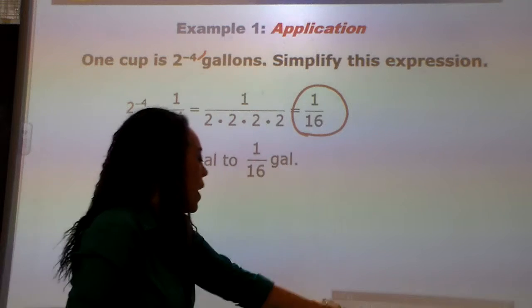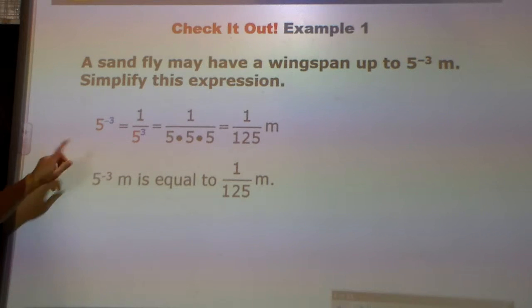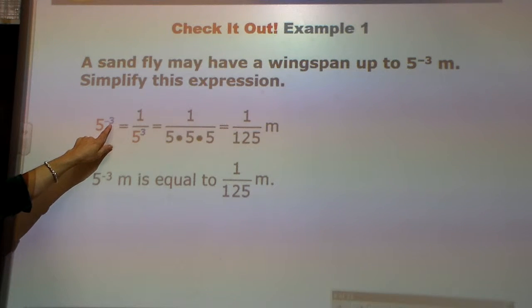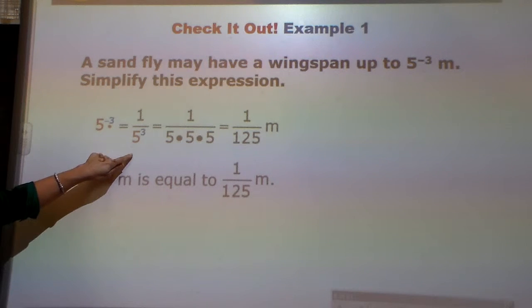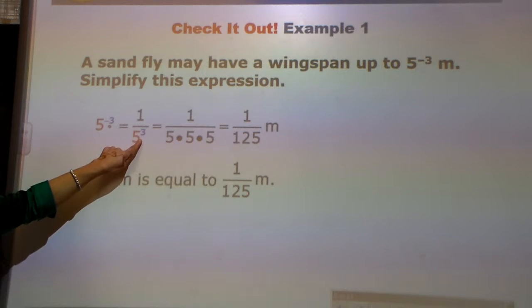Okay? Next part. A sandfly may have a wingspan up to 5 to the negative 3rd meters. Simplify this expression. What they did, they saw 5 to the negative 3, immediately said, oh, negative exponent, I must do 1 over. 1 over 5 to the 3rd, I took out the negative sign.